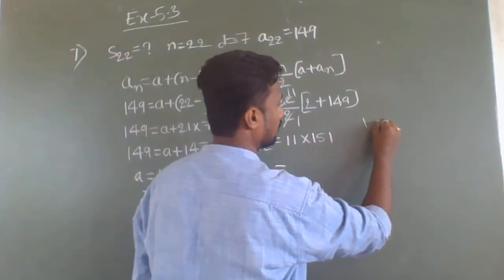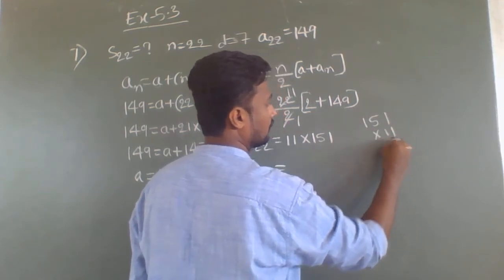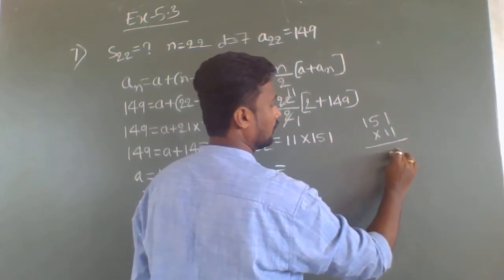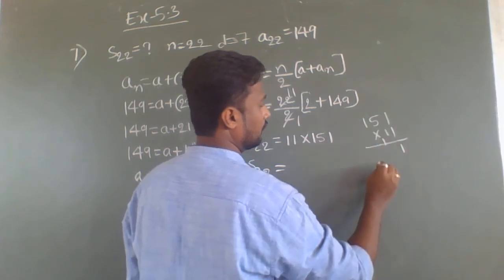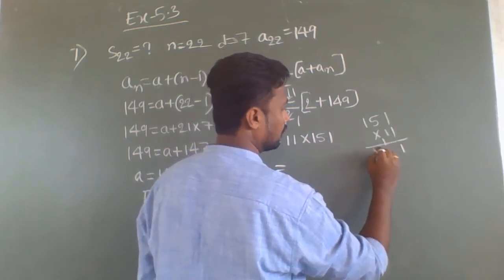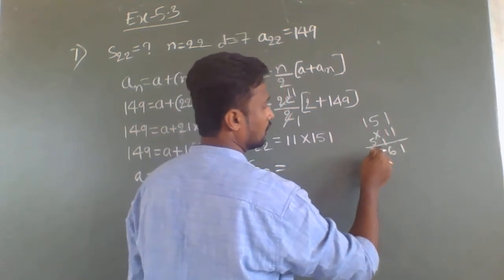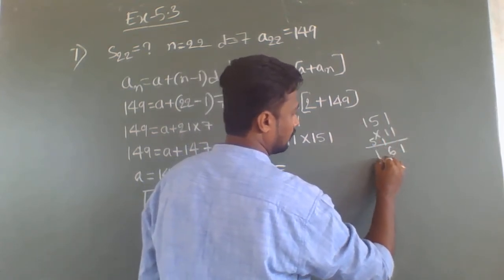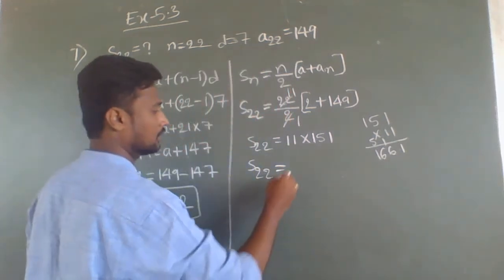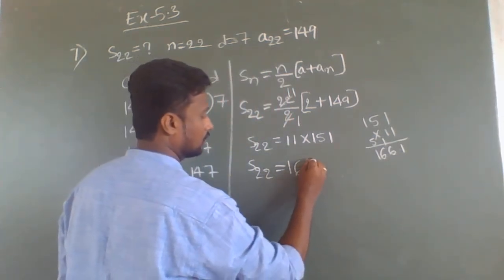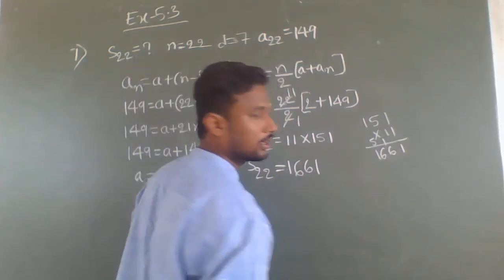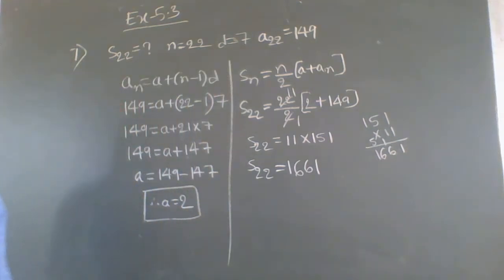Here I will calculate 151 into 11: 11 into 1 is 11, 11 into 5 is 55 plus 1 is 56, 11 into 1 is 11 plus 5 is 16. So the answer is 1661. Yes, S22 is 1661.